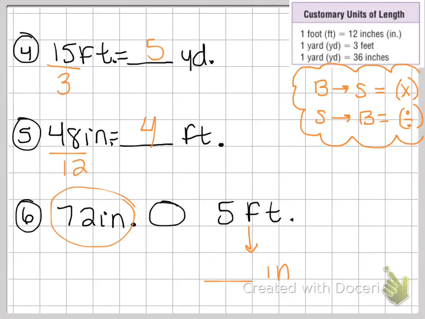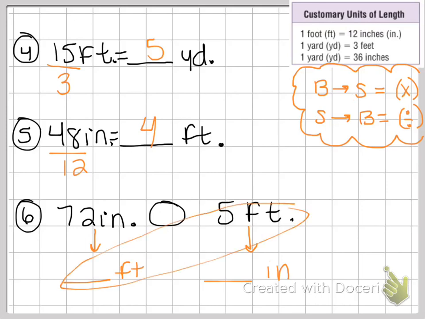You would still get an accurate answer if you converted 72 inches by dividing to get the number of feet and then comparing these two. But you only have to do one, so do not change them both, because you want them to have the same unit. You want them either to both be in inches or both be in feet. So again, don't change them both, just pick one and then follow that operation.